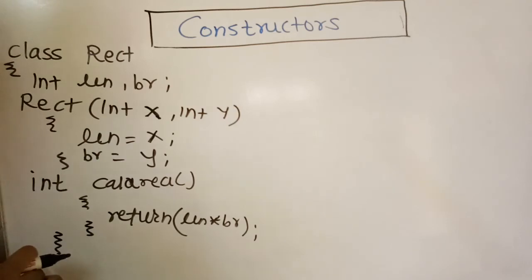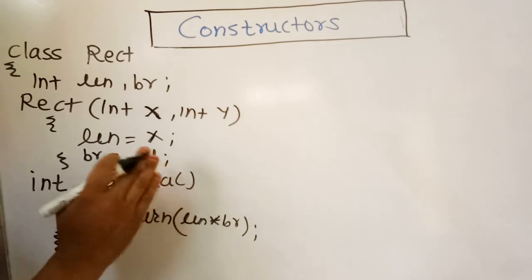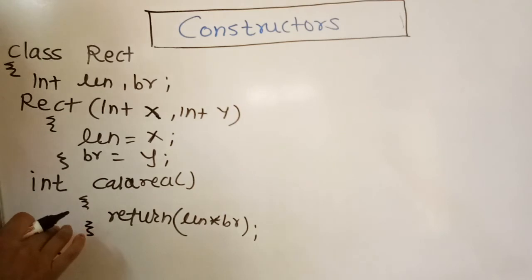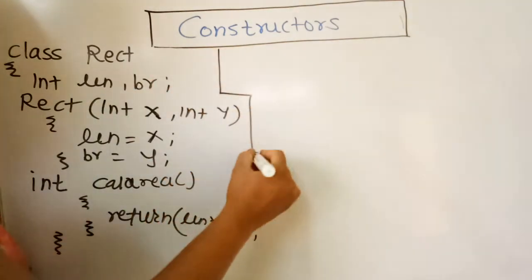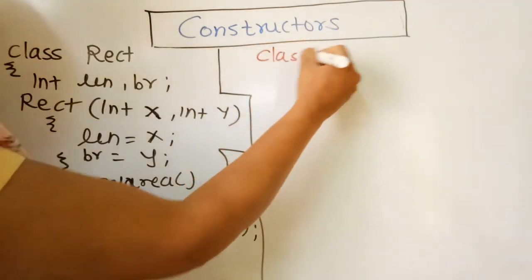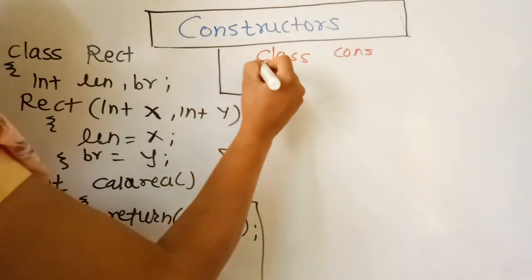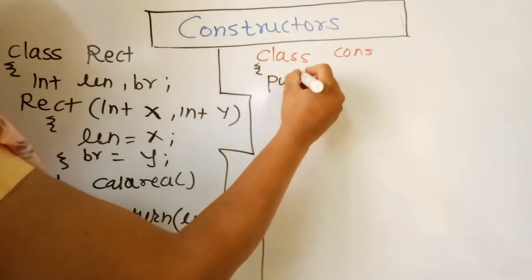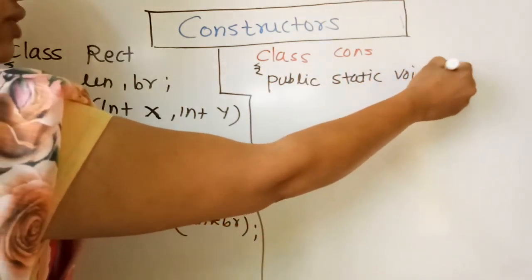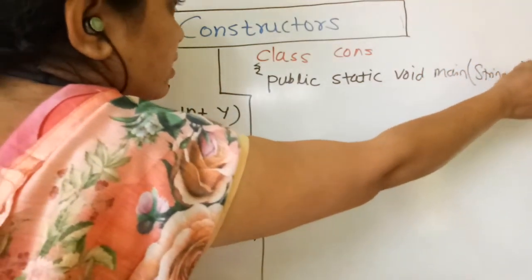Then you can create the same public static main method in the same class, or you can create another class for it. Now, for example, I will take another class like class Constructor. In that, the only task remaining for us is to write the main method, that is public static void main(String[] a).